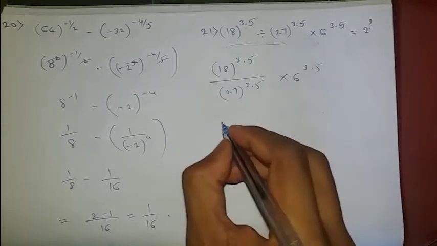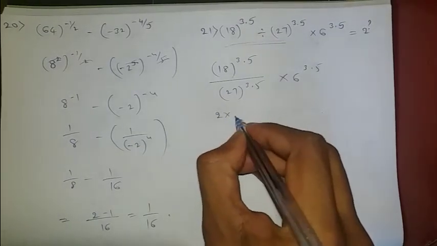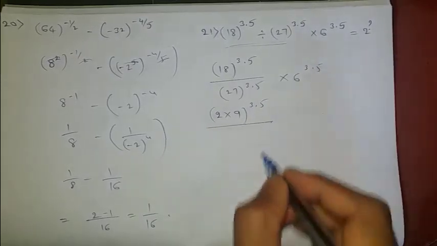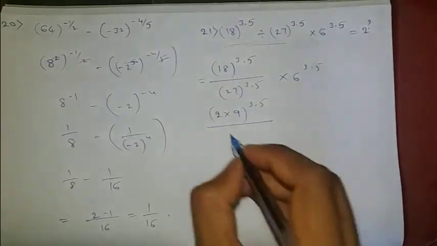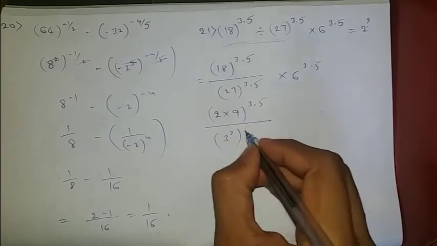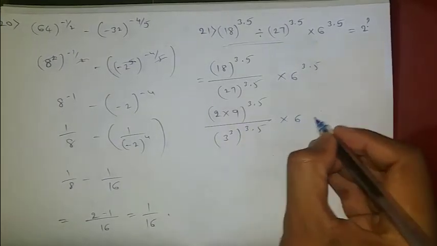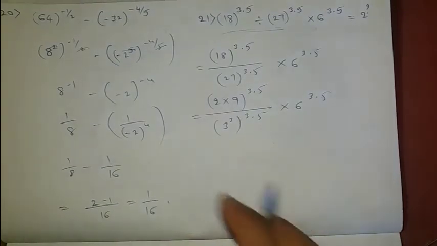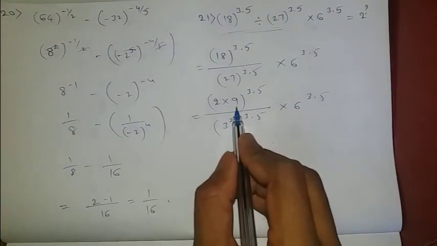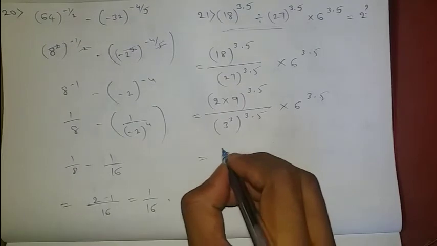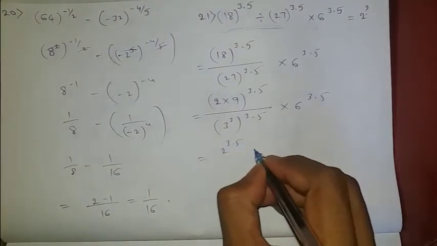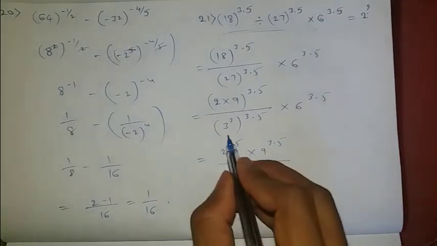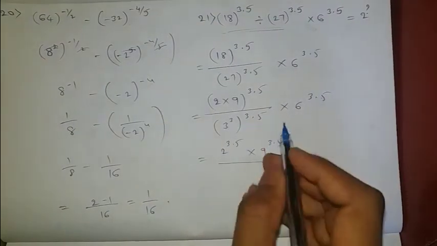Here 18 can be written as 2 into 9, whole power 3.5, divided by 27, which can be written as 3 cubed, whole power 3.5, into 6 power 3.5. Now this 2 into 9 I will separate. So we will get 2 power 3.5 into 9 power 3.5 divided by 3 power 3 whole power 3.5.